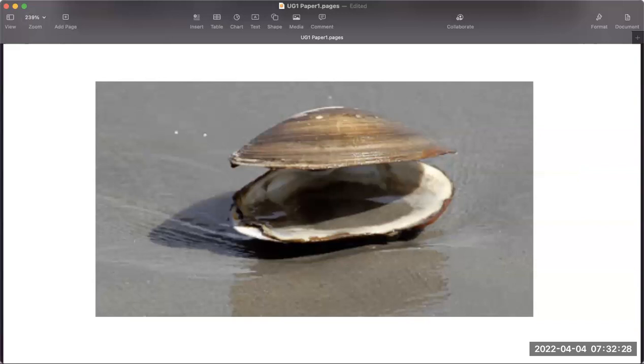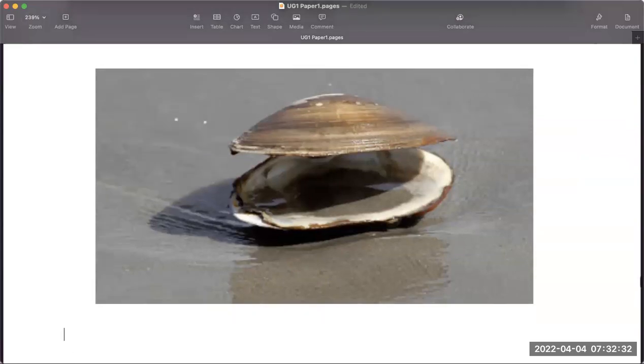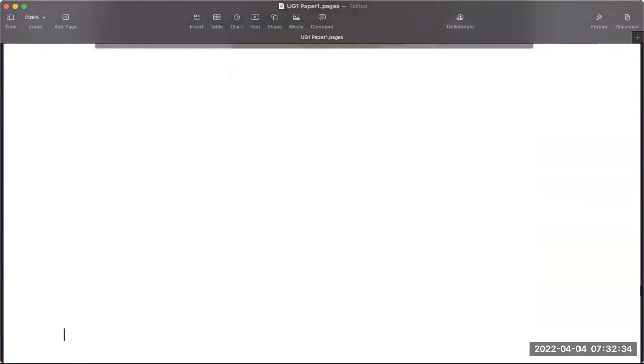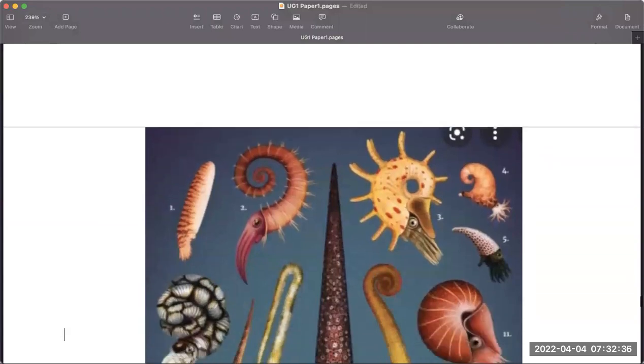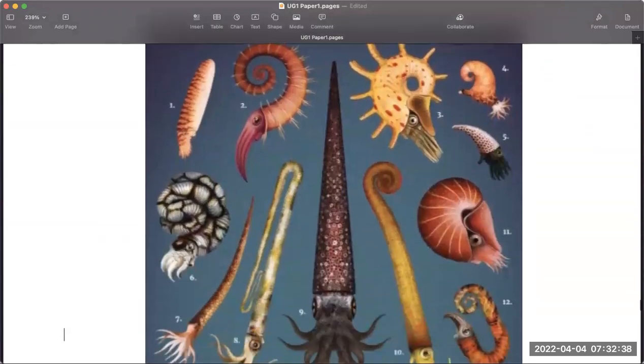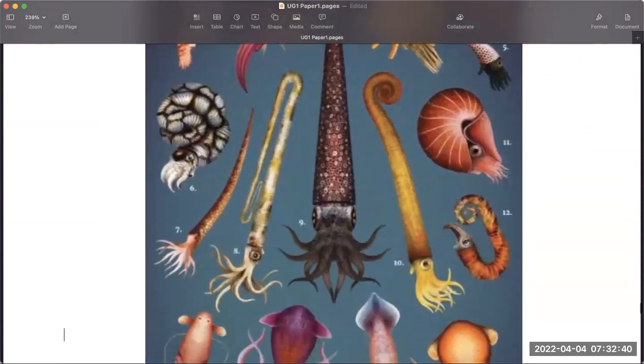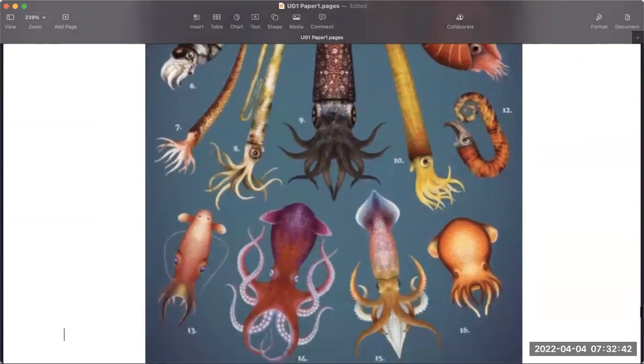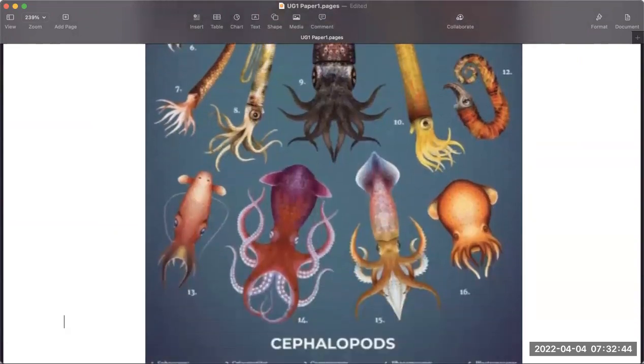Class number 6, Cephalopoda. These are cephalopods. You can see in this picture a giant squid, and octopus.